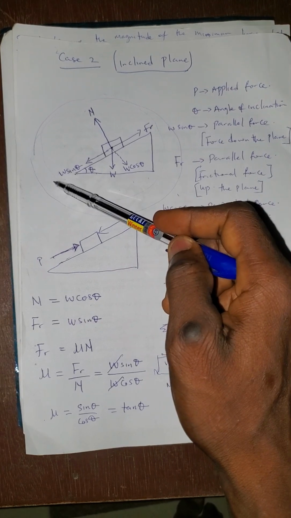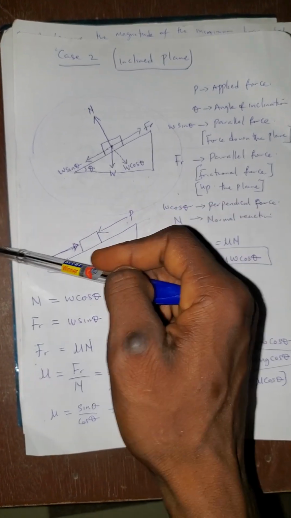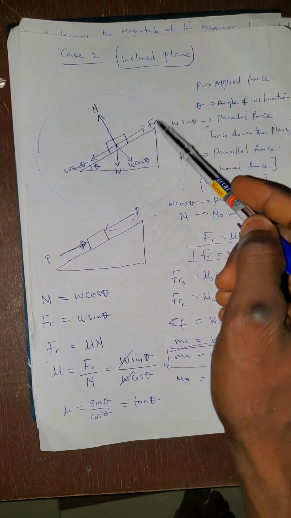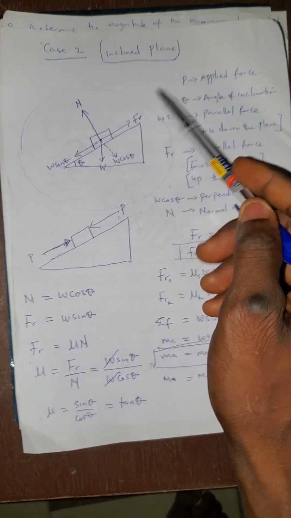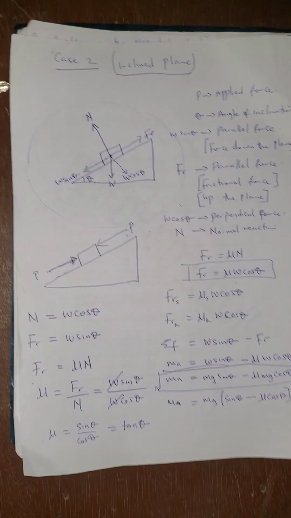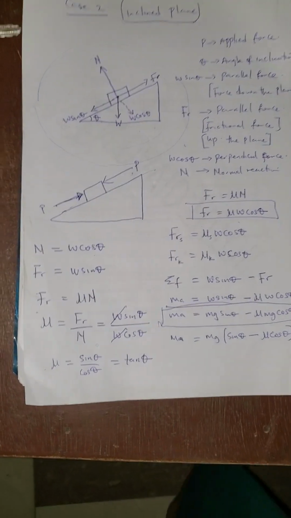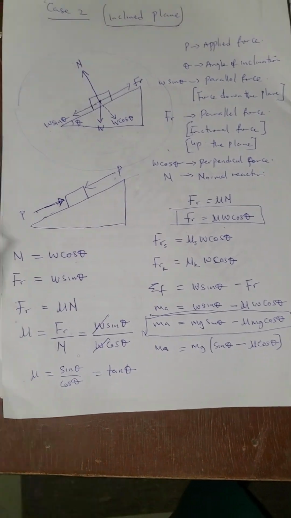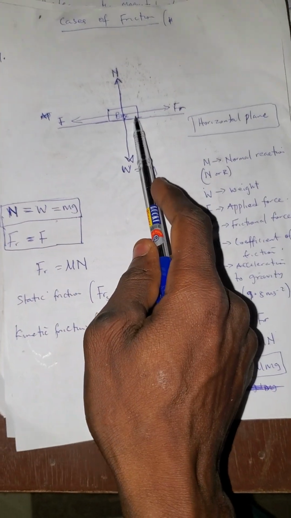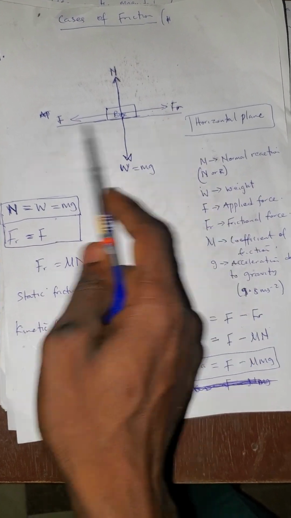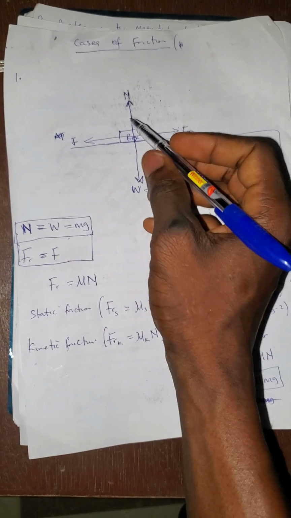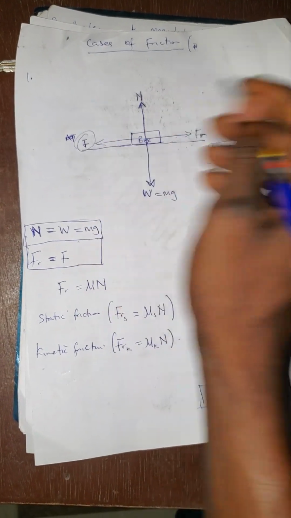This is just the force that makes the box slip, in which the frictional force will oppose it. It is an inclined plane, so naturally the box will move, unlike the case of the horizontal. If it is horizontal, it cannot just slip by itself. There will be a required force that will take it from the horizontal. That is why, if you look at the structure of the horizontal here, the applied force is already there.